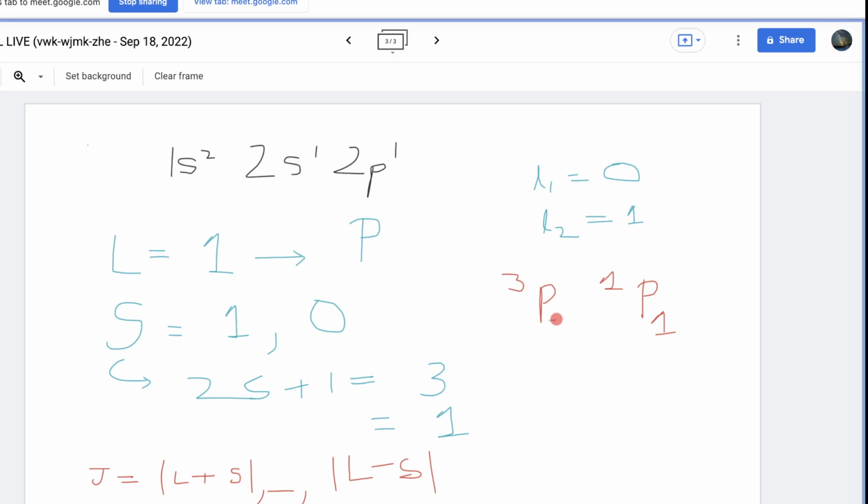Okay, so it will be 3P2, 3P1, and 3P0. Now you can also arrange it with respect to energy, I mean which term lies at which particular energy, according to the rules that I have discussed in the video.